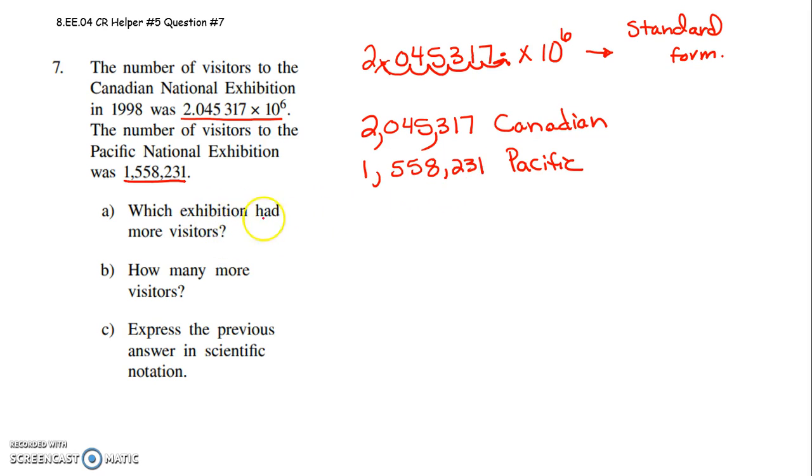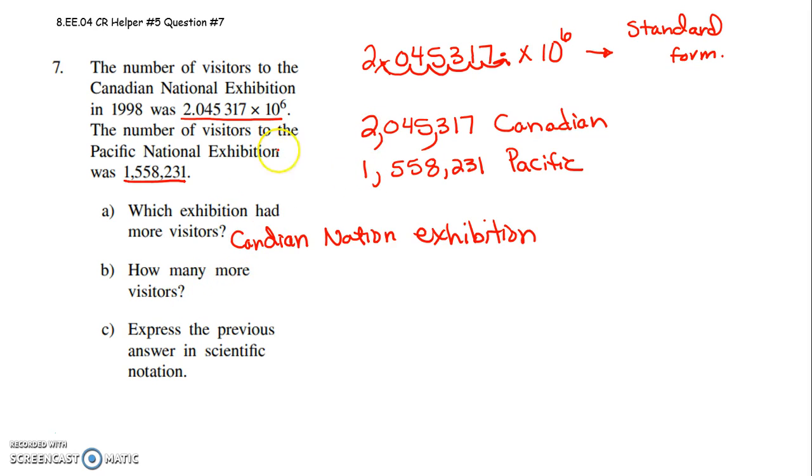So which exhibition had more visitors? The Canadian. 2 million is bigger than 1 million. So the Canadian National Exhibition had more visitors.